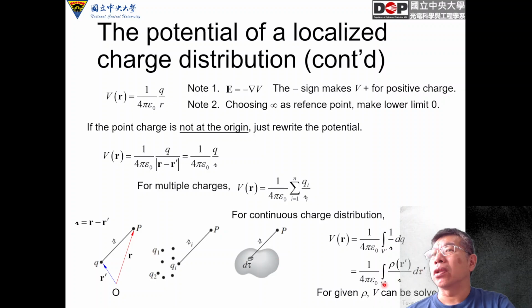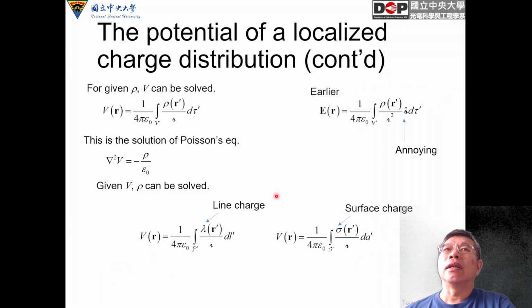V prime means the volume that has the source distribution, and you sum over all the volume where the charge is distributed. Now, for a given charge distribution, the potential can be solved.